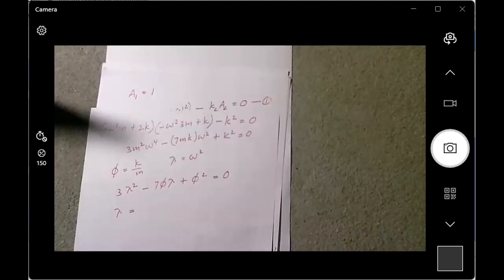Did you find lambda? Once you have lambda, you can find omega. It is the square root of lambda.